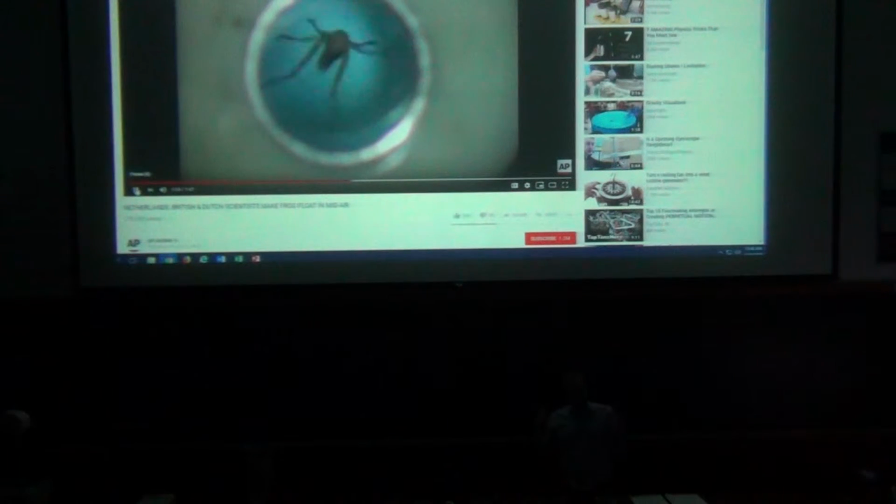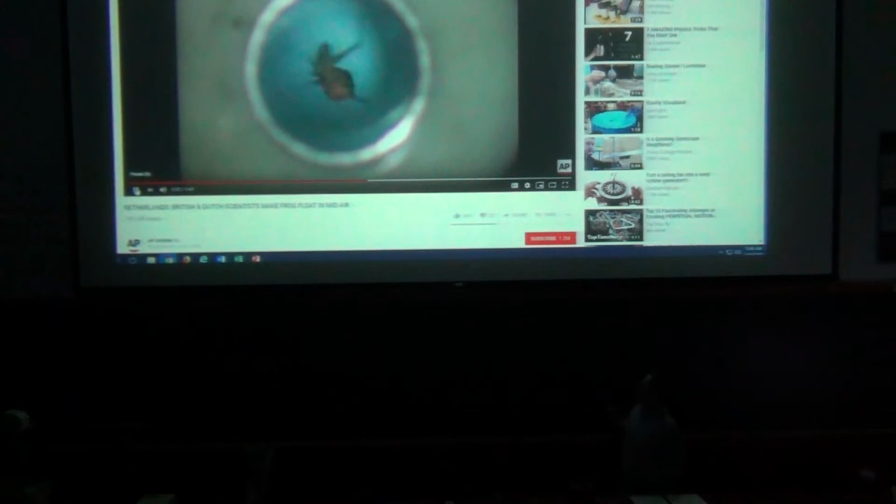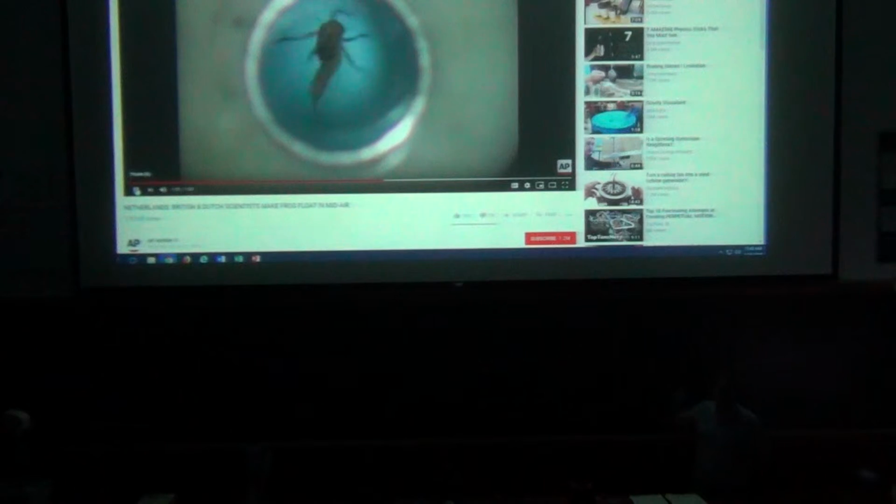So this is because the frog contains a lot of water, and it's diamagnetic. So there's a repulsive force between the water molecules in the frog and the external magnetic field. And all sorts of other creatures as well, okay?